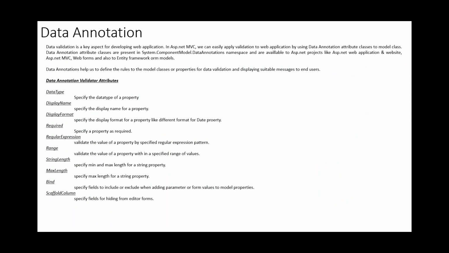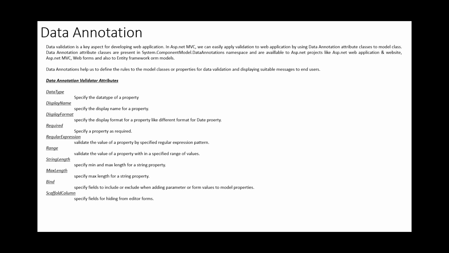Data annotation attribute classes are present in the System.ComponentModel.DataAnnotations namespace and are available in ASP.NET projects like ASP.NET web applications, websites, MVC, web forms, and also in Entity Framework. So these data annotations are not only to render client side but also to validate server side also. Server side means in C# code also you can validate.